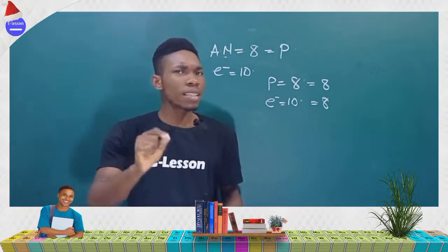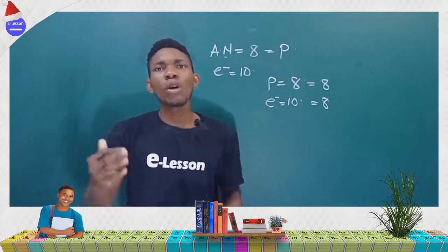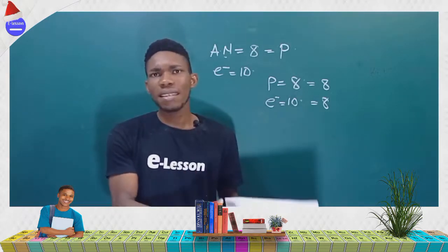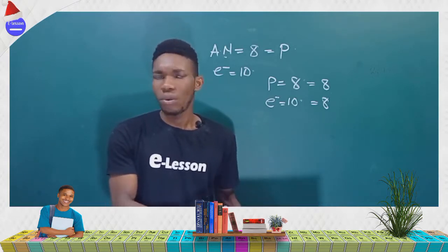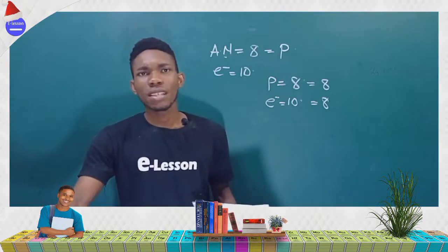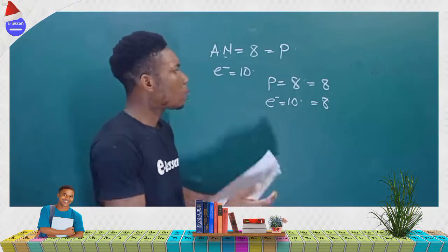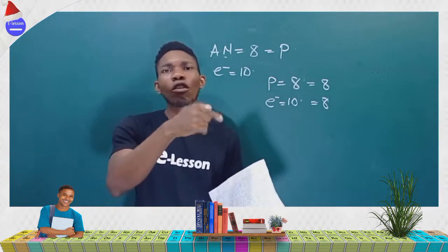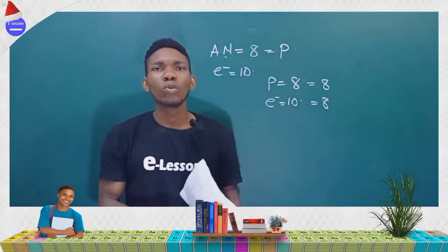Whenever an atom gives out electrons, the number of electrons reduces, becoming lesser than the number of protons, and it forms a cation. Are we getting it now? Whenever it accepts electrons, the number of electrons will be greater than the number of protons, which is the atomic number, and an anion will be formed.